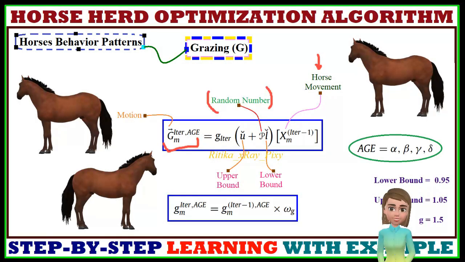And here you can see the horse age, which is for the horse ages alpha, beta, delta and gamma. As all horses can graze in the pastures, here we have the values for upper bound, lower bound, and for coefficient G. We can use these values for accurate results.